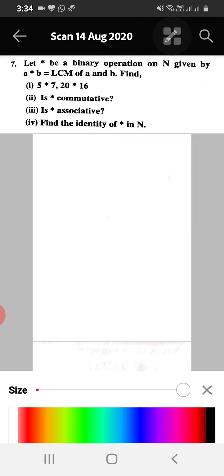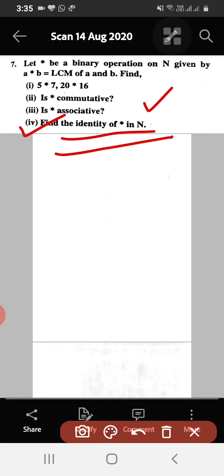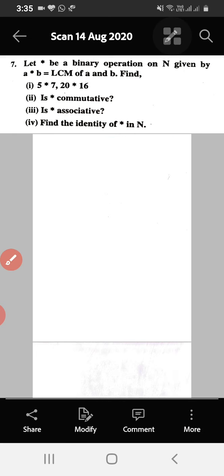So let us check the fourth one. This is very important. Find the identity element of star in the set of natural numbers. Here we have to find out the identity element. For this you should have the knowledge of the identity law, identity property.